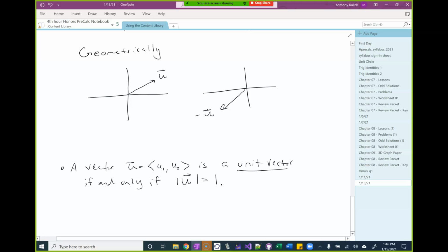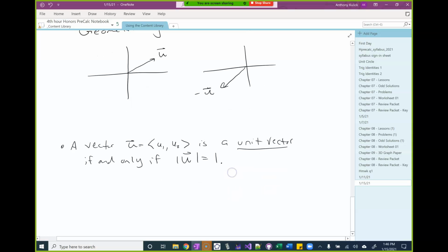Remember that the way we calculate the magnitude of a vector in component form is just by taking the x component, squaring it, plus the y component, squaring it, and then square rooting it.